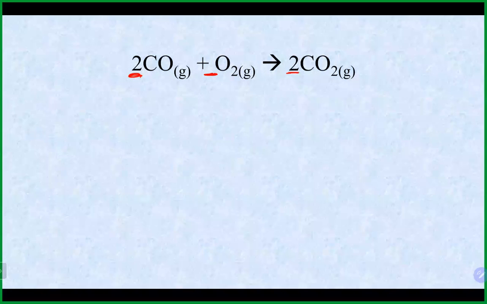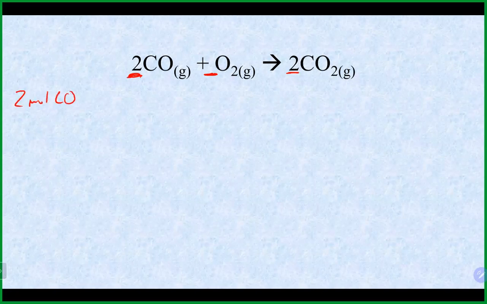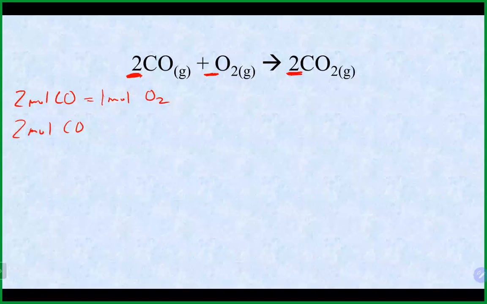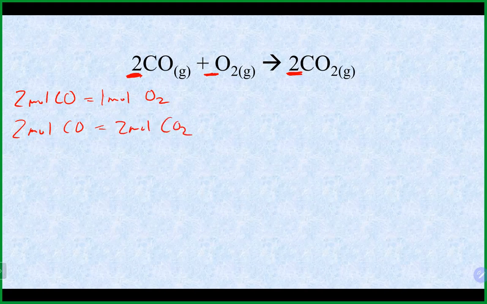We could say that for every 2 moles of CO, and that comes from the coefficient, we could react it with 1 mole of O2, which is O2's coefficient. We could also say that for every 2 moles of CO we toss in there, we will get out 2 moles of CO2 in this equation. And we could say for every 1 mole of O2, we get out 2 moles of CO2.